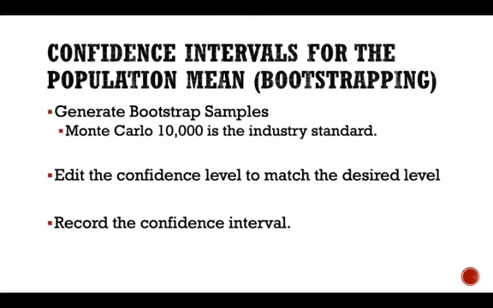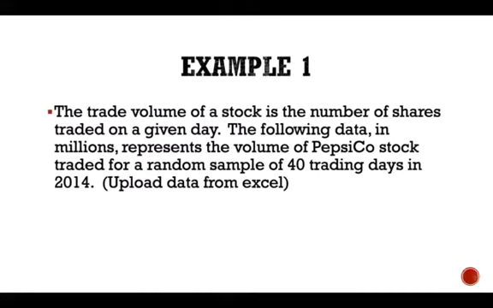So let's look at our first example. The trade volume of a stock is the number of shares traded in any given day. The following data in millions represents the volume for PepsiCo stock traded on a random sample of 40 days in 2014.